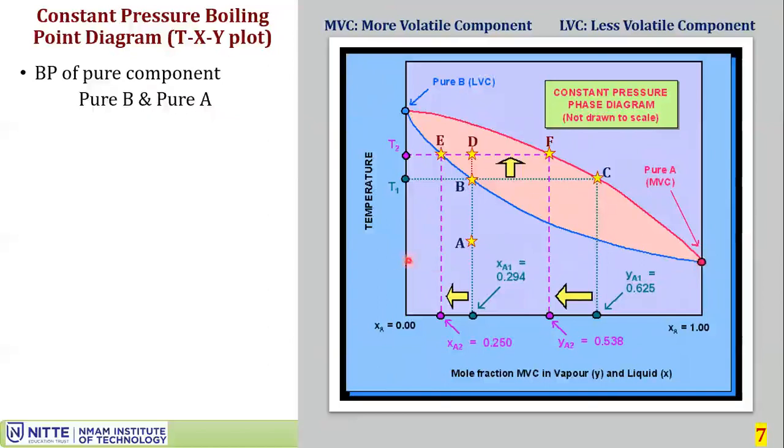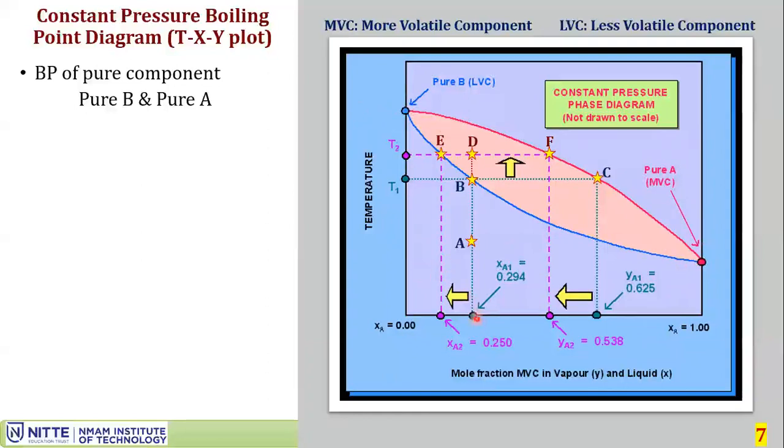This is the temperature at which pure component A boils. Pure B, the less volatile component, boils at this particular temperature. You can see that the boiling point is lower for the more volatile component. For the less volatile component, the boiling point is higher. So within these values, the boiling points of pure components, within that zone or region, this entire VLE exists.